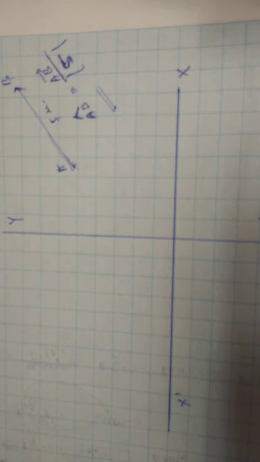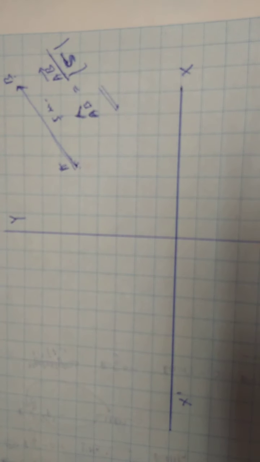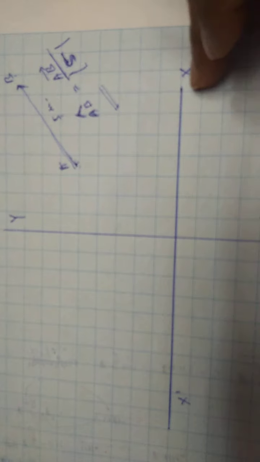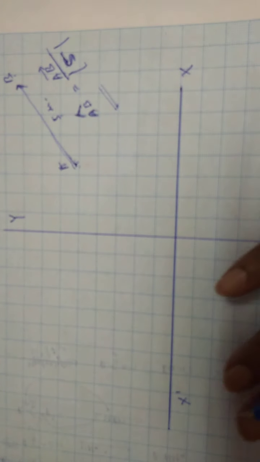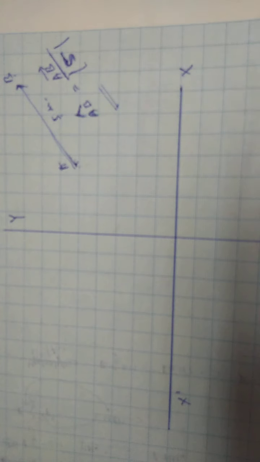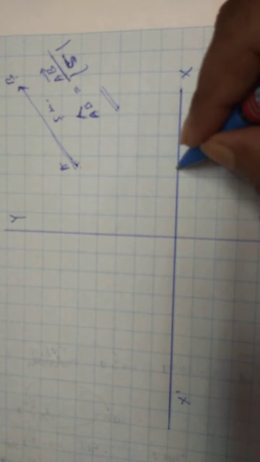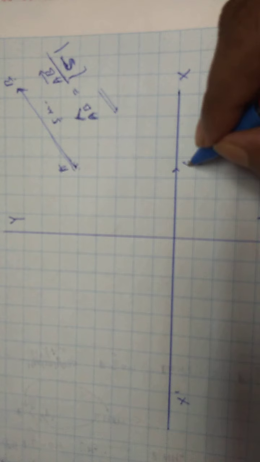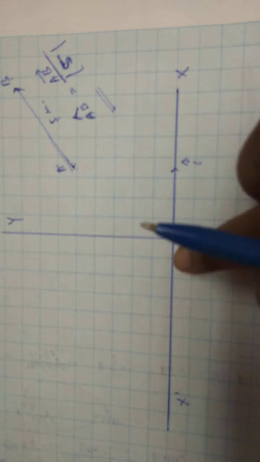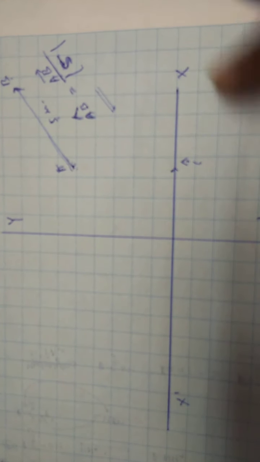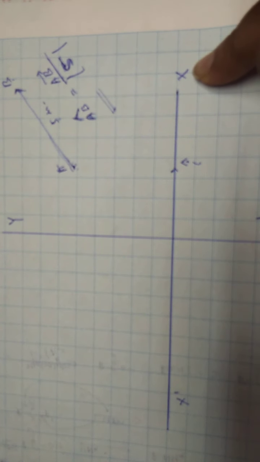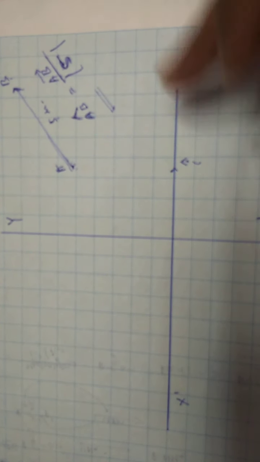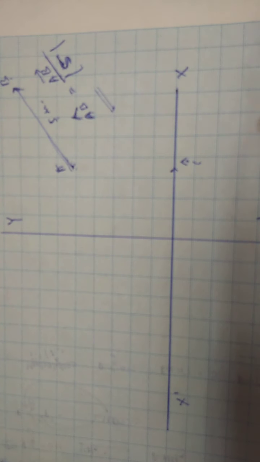Now, if we plot these vectors in a graph paper or in an analytical plane, the unit vector along the positive x direction is i. It is by default. Any vector in the direction of x, if divided by its magnitude, becomes the unit vector i.